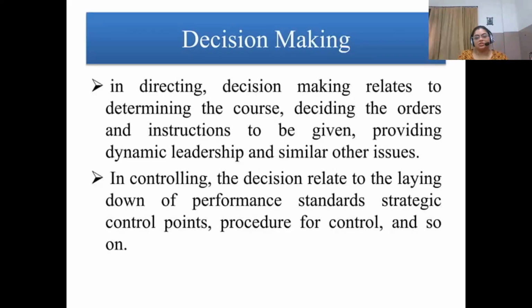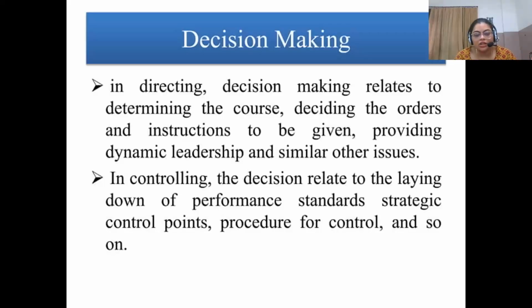In directing, decision making relates to determining the course, deciding the orders and instructions to be given, providing dynamic leadership and similar other issues. So in directing हमें क्या देखना है, हमें इस तरीके से काम को डिफाइन करना है, इस तरीके से ऑर्डर्स इंस्ट्रक्शंस को डिफाइन करना है, डिटरमाइन करना है किस कोर्स ऑफ एक्शंस को फॉलो अप करना है, लीडरशिप्स को देखना है, इन इश्यूज को सॉल्व करना है.